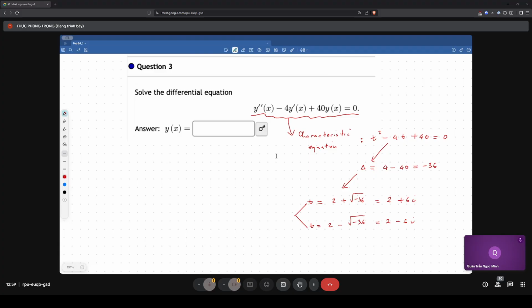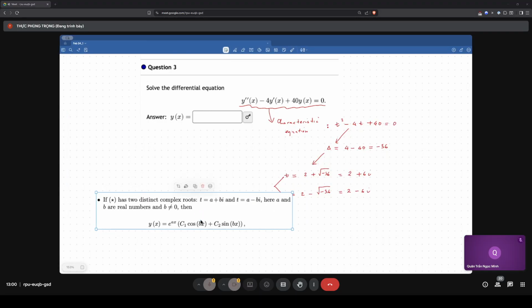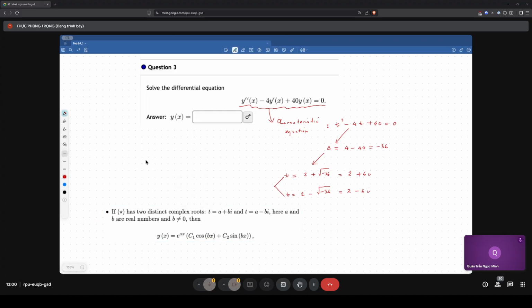This is when delta is 0. And the last one, when you have 2 distinct complex roots, this is when delta is less than 0. A plus bi and a minus bi. Let me copy this one. So we fall in this situation, right?